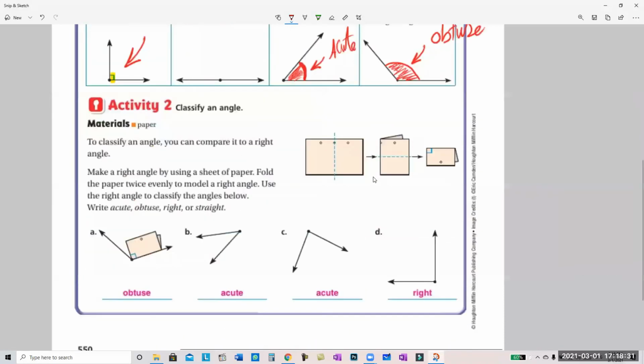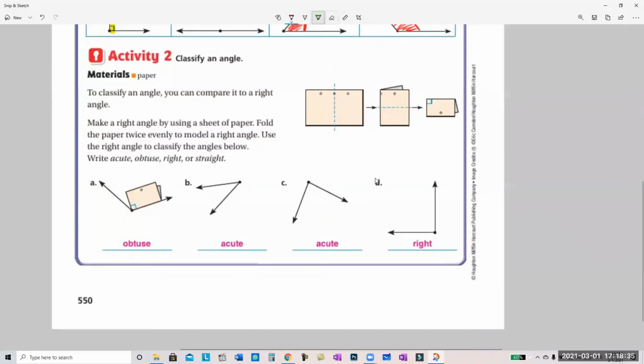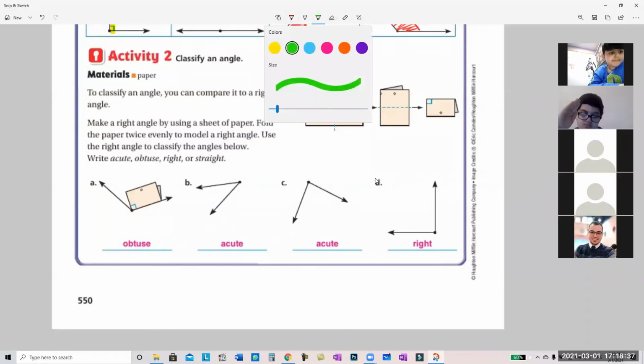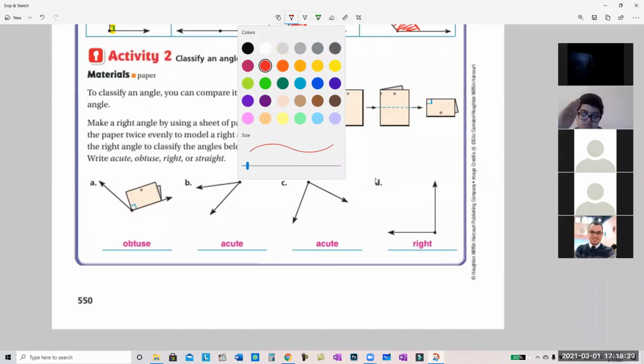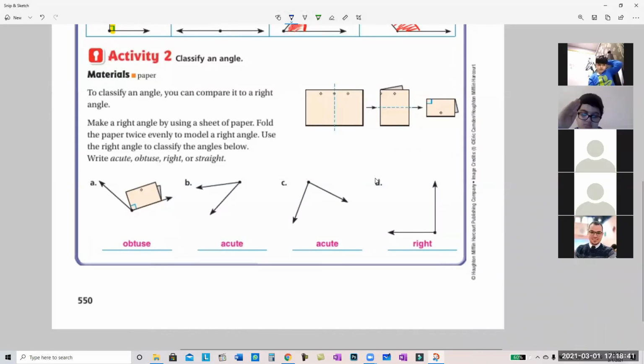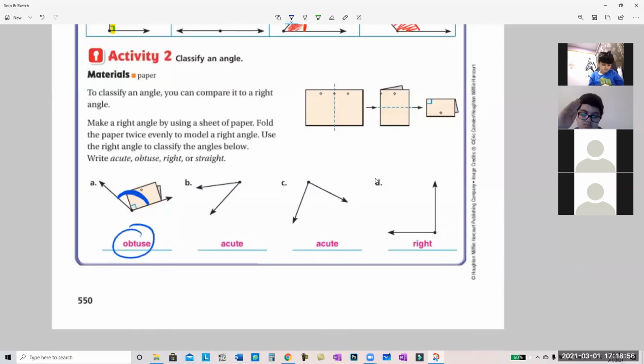Okay, let's see this activity here. If you want to see which one is acute, obtuse, right or whatever, let's classify these angles. For letter A, we have a big space between the two rays, so it will be obtuse.